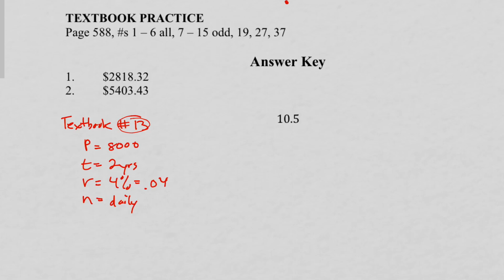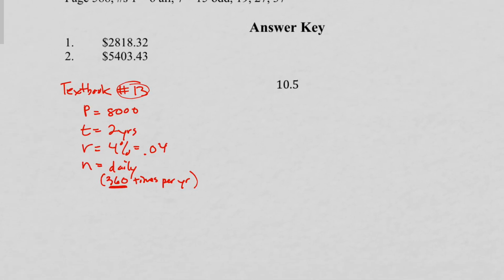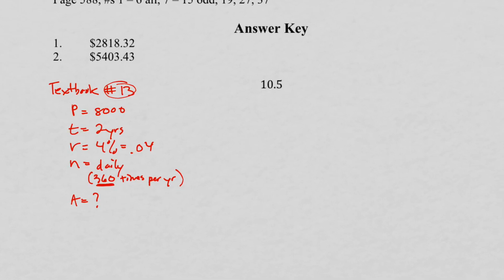So how many times does this happen in the year? 360 times per year. So that we're going to use that number. And of course we're going to find what the account is going to equal. Alright, so we have everything we need. We just plug in everything and see what we get.